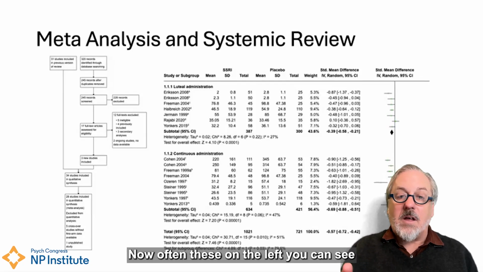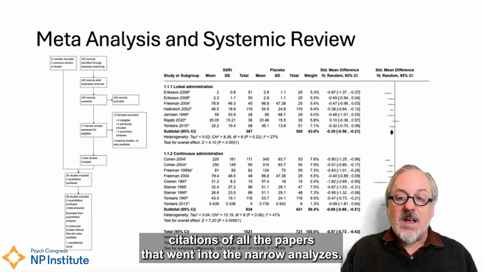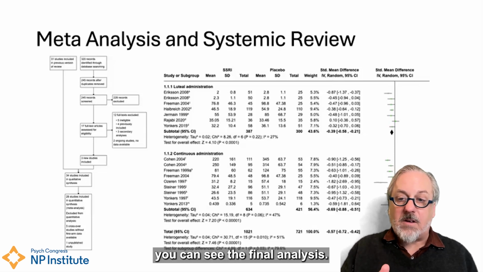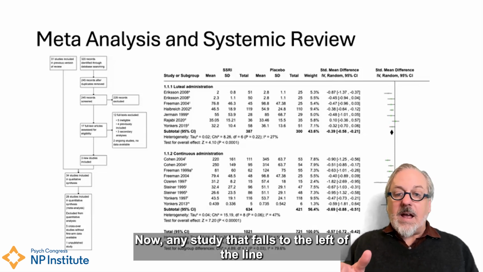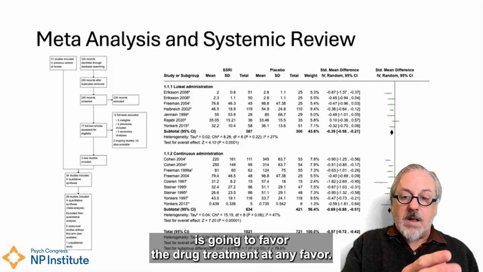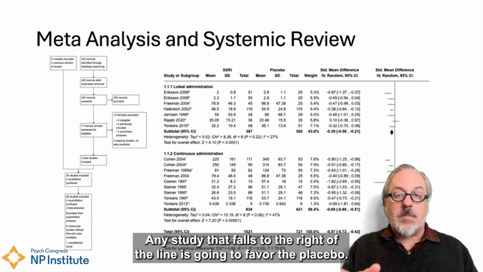Now, on the left, you can see citations of all the papers that went into the meta-analysis. And on the right, with that vertical bar, you can see the final analysis. Any study that falls to the left of the line is going to favor the drug treatment. And any study that falls to the right of the line is going to favor the placebo.